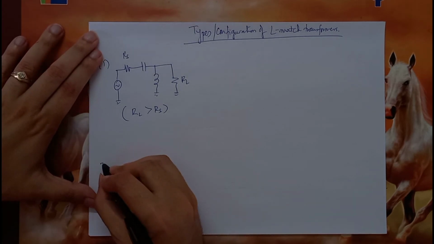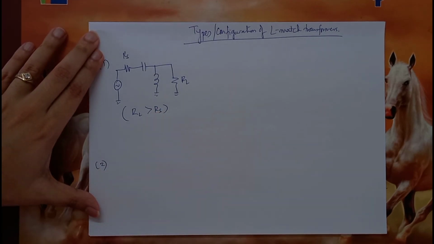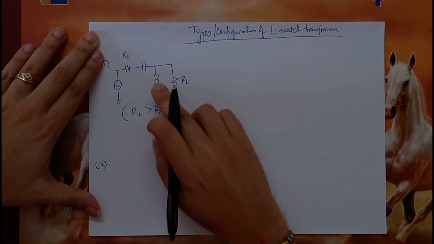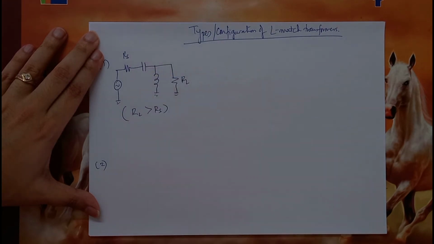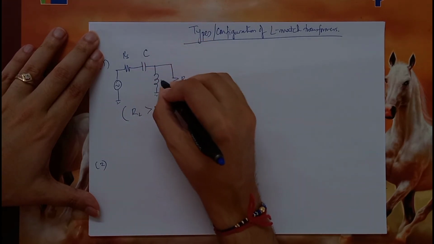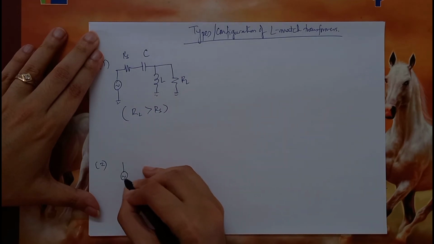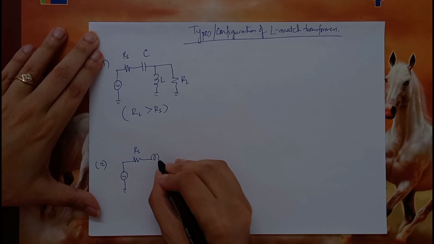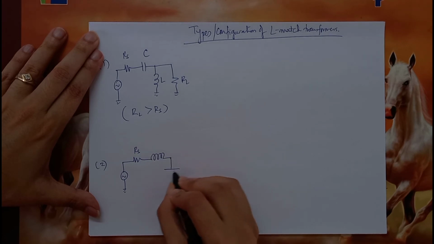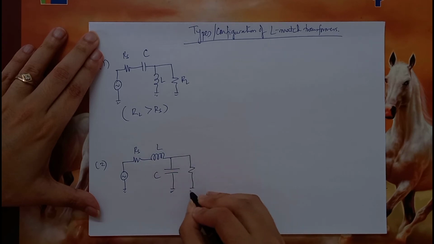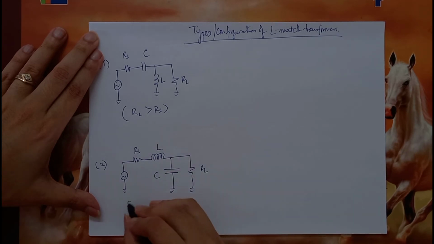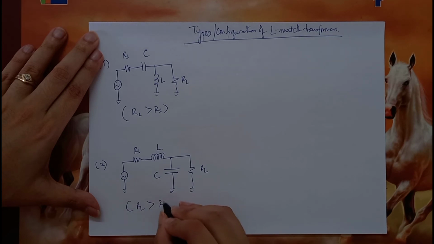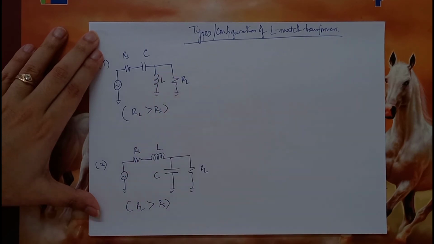Another case for RL more than RS is when this L and C are interchanged. That is this. In a manner similar to this case, you can find out the required values for L and C also.